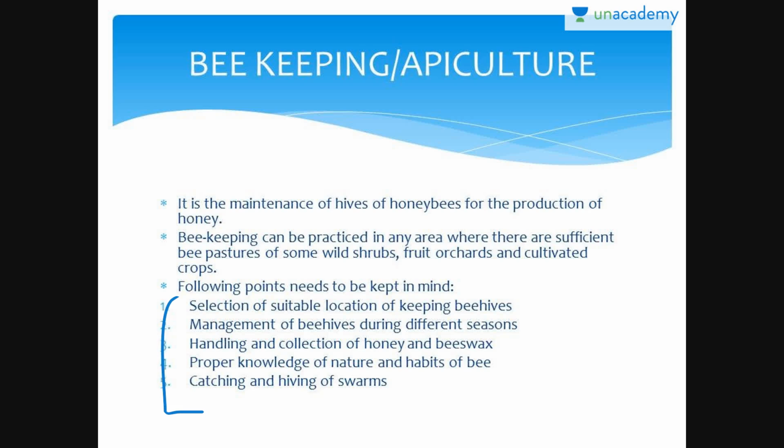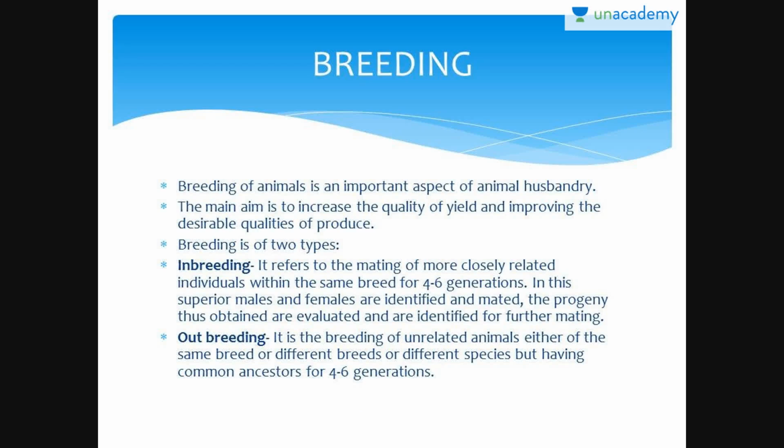Several points for maintaining a healthy apiculture would be selection of suitable location for keeping the beehives, maintenance and management of beehives during different seasons, handling and collection of honey and bee wax, proper knowledge of nature and habits of bees, catching and hiving of swarms should be done with full protection and full precautions.